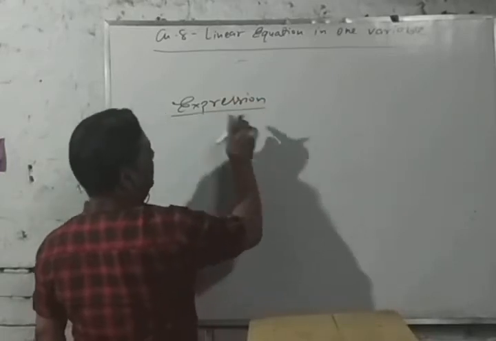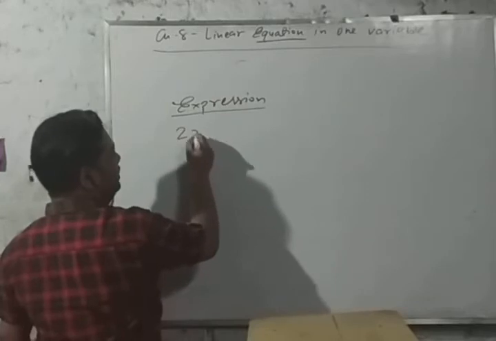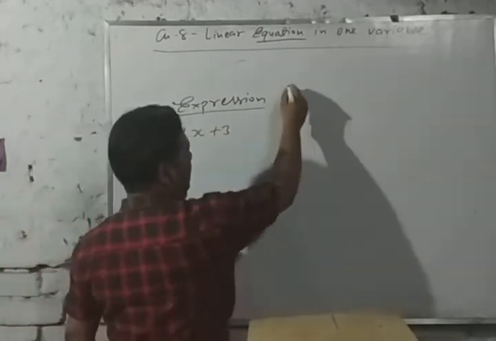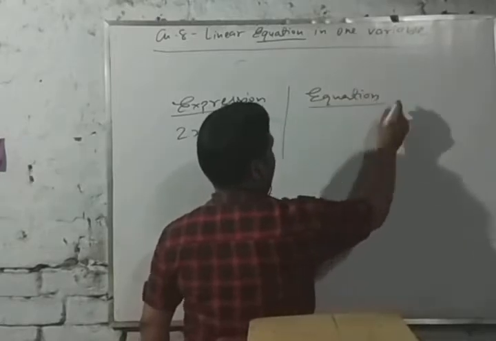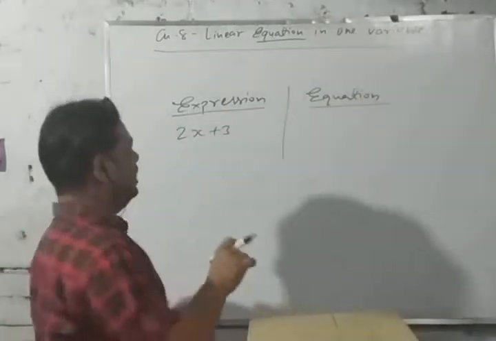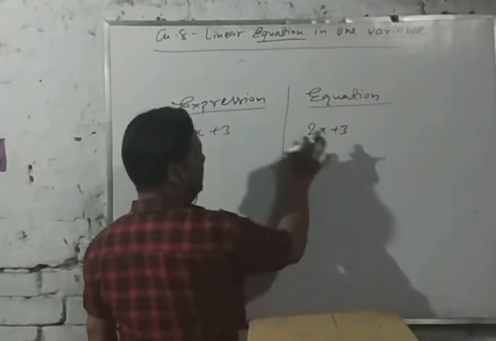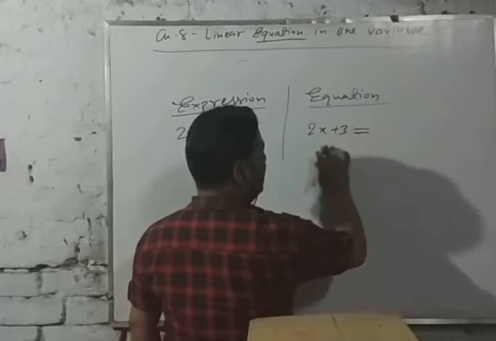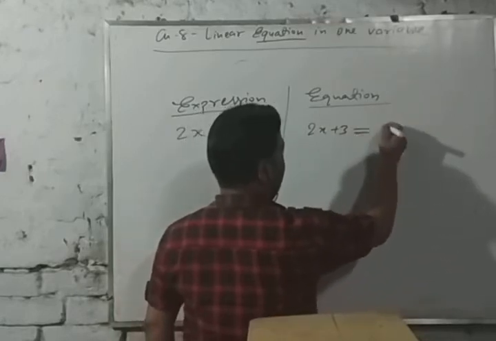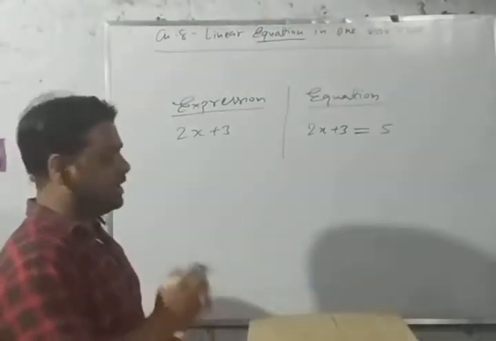At first we will see what is equation. Take 2x plus 3. What is the difference between the expression and equation? The same expression I am writing here, but after this expression I am writing the equal sign and then I am writing any term which can be a constant or the same variable.